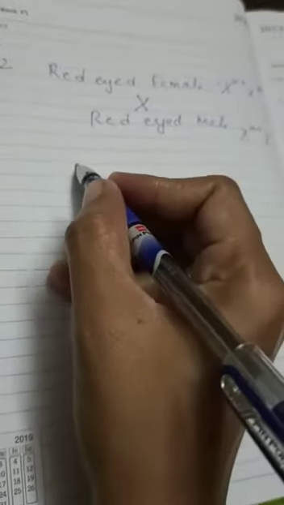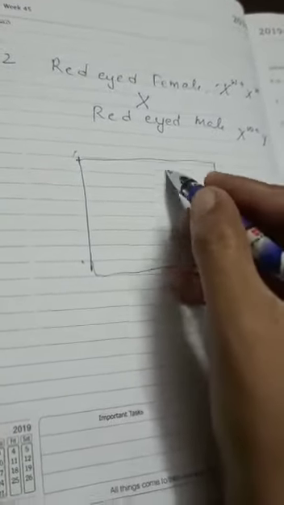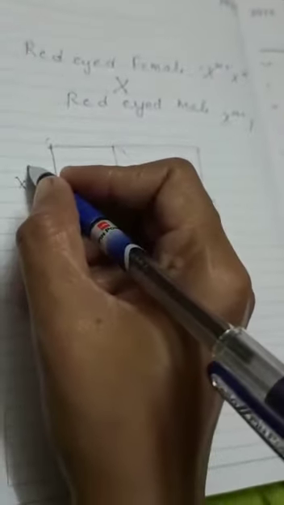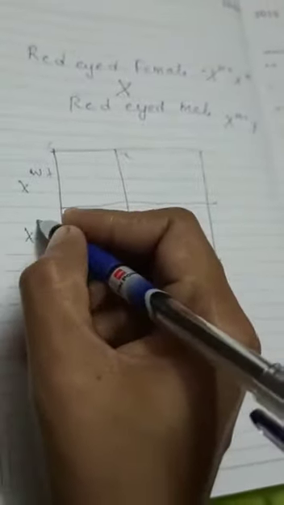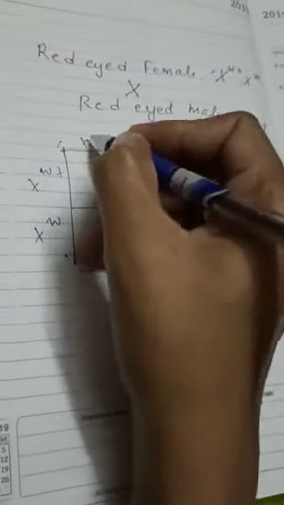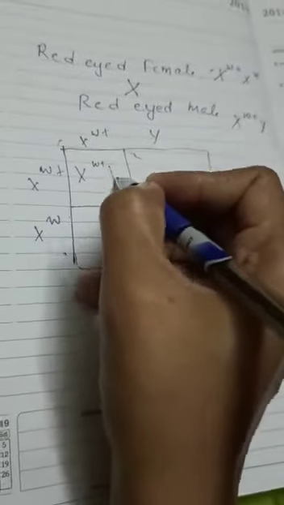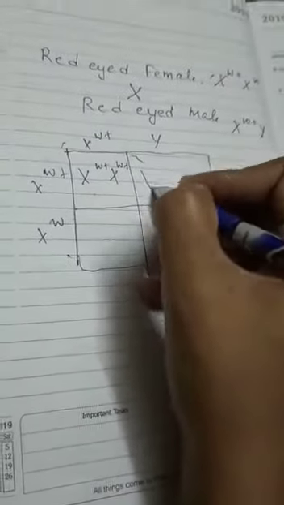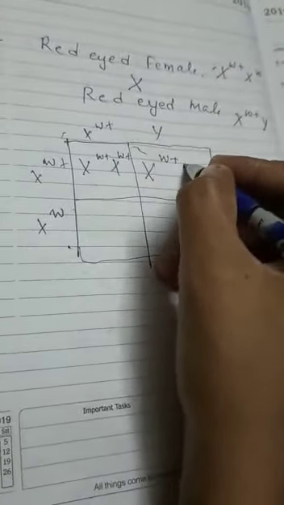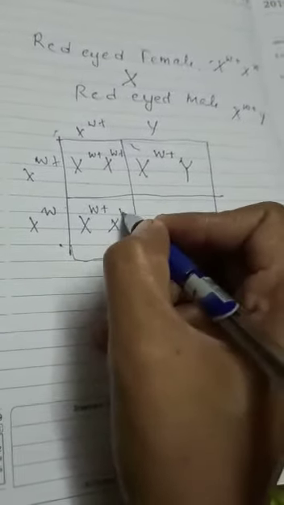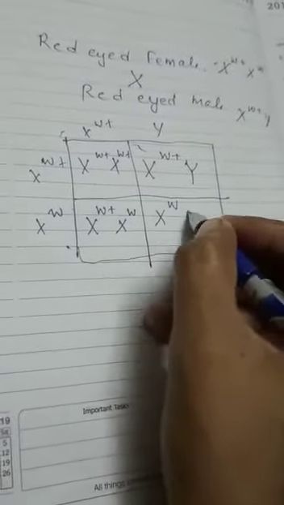Now when we draw the Punnett square for this, XW+XW and XW+Y, we get XW+XW+, XW+Y, XW+XW, XWY.